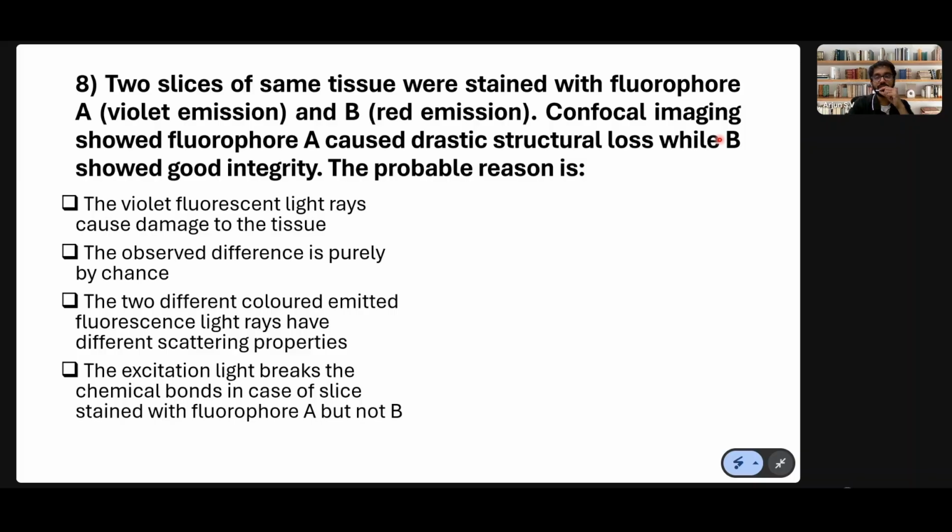Two slices of the same tissue were stained with fluorophore A and B. A has violet emission and B has a red emission. Confocal imaging showed fluorophore A caused drastic structural loss, while B showed good integrity. So, what could be the probable reason?